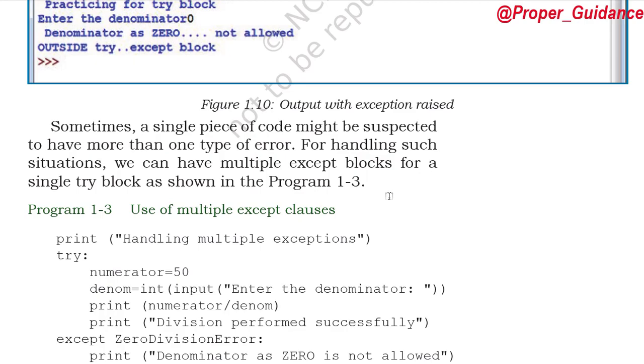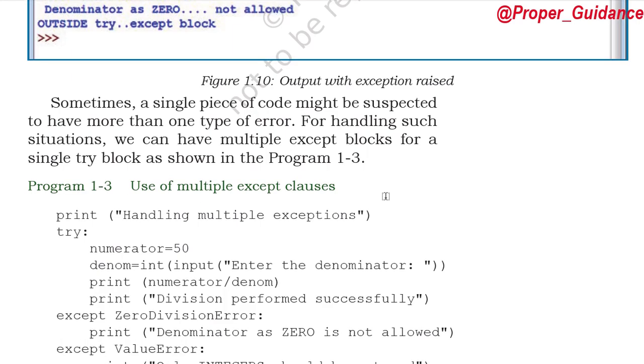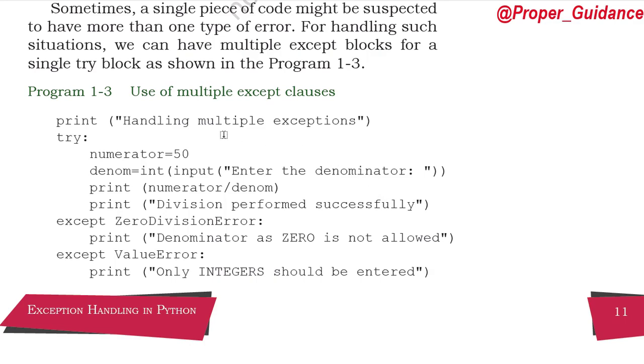Sometimes a single piece of code might be suspected to have more than one type of error. For handling such a situation, we can have multiple except blocks for a single try block, as shown in the program 1 to 3. Use of multiple except clauses. See here, print handling multiple exceptions.